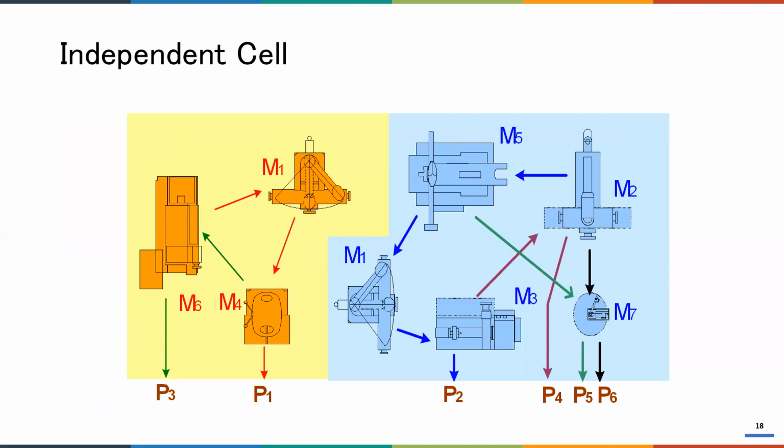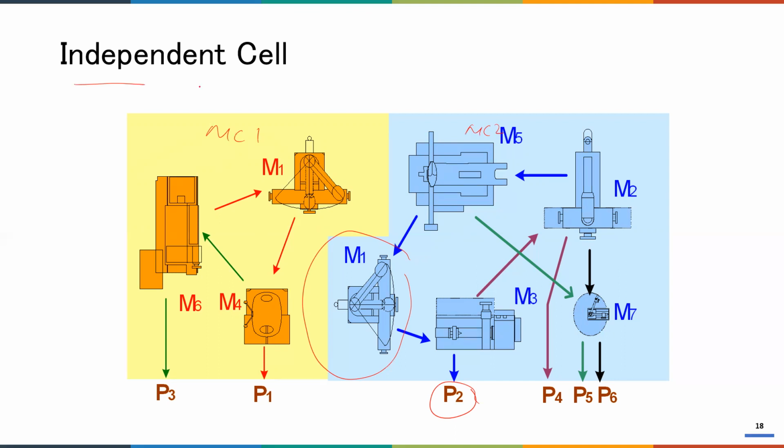Or actually, we can improve it by adding an additional machine 1 into cell 2 to accommodate part 2 being made on a different cell from machine cell 1. So this is the alternative for how to do that.